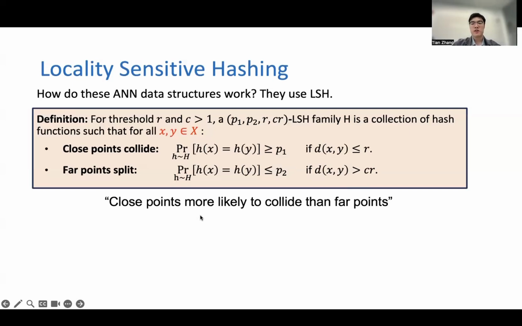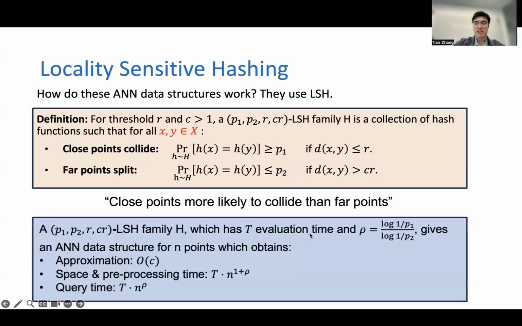And if we view it as a filtering procedure, it's saying that when Y is far from X, then we have probability at least 1 minus P2 to filter Y out. Meanwhile, we're going to keep the close points to X together with probability at least P1.